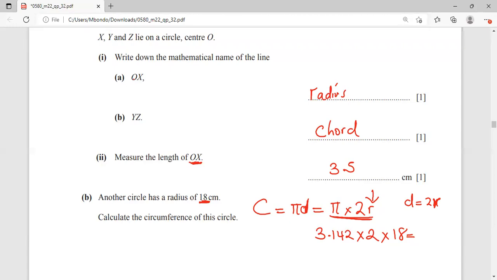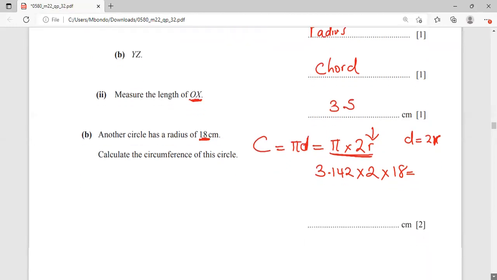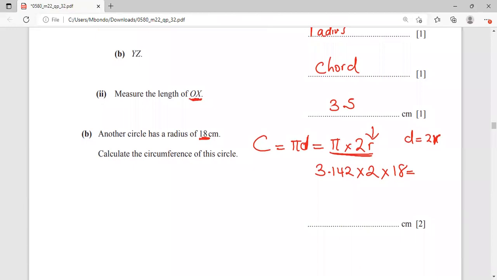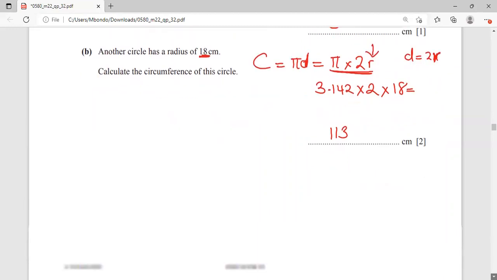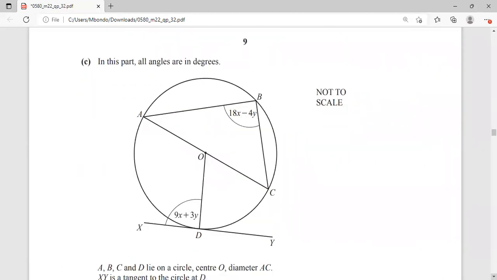So when you round off to 3 significant figures, we're going to get 113 centimeters. That is what we're going to get, right? So we go to the next question and see what is there.